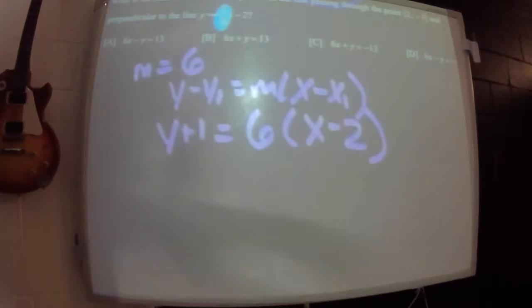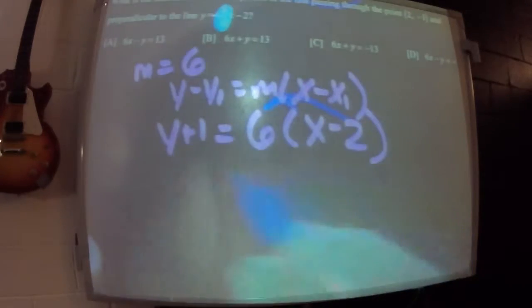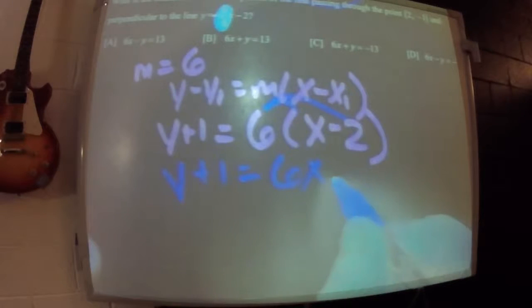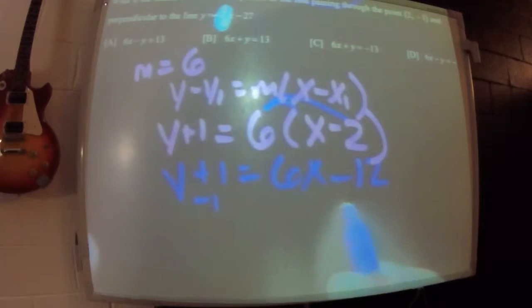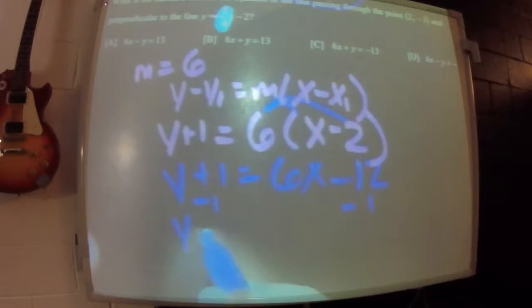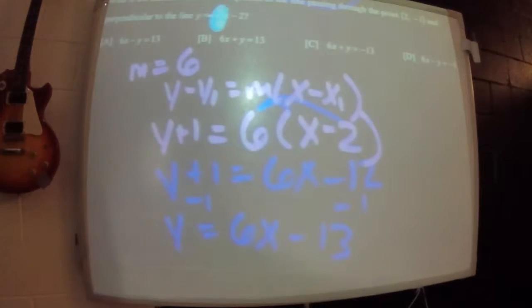So now y plus 1 equals 6x minus 12, minus 1 over, and y equals 6x minus 13.